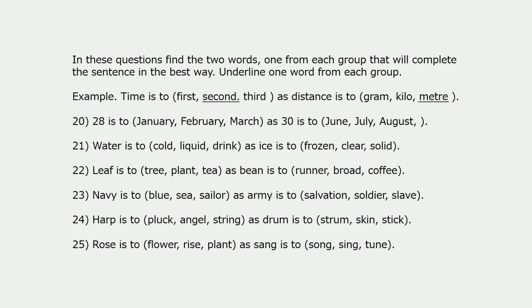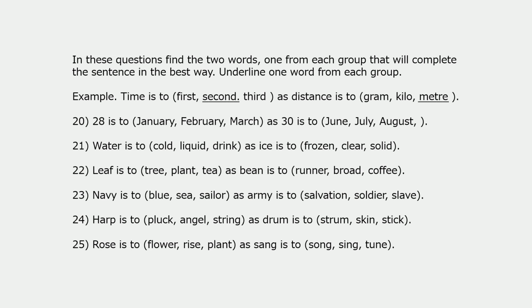Now, in these questions, find the two words, one from each group, that will complete the sentence in the best way. Underline one word from each group. So, this time the example is given for us. Time is to second as distance is to meter. We know this because time is counted in seconds and distance is counted in meters.